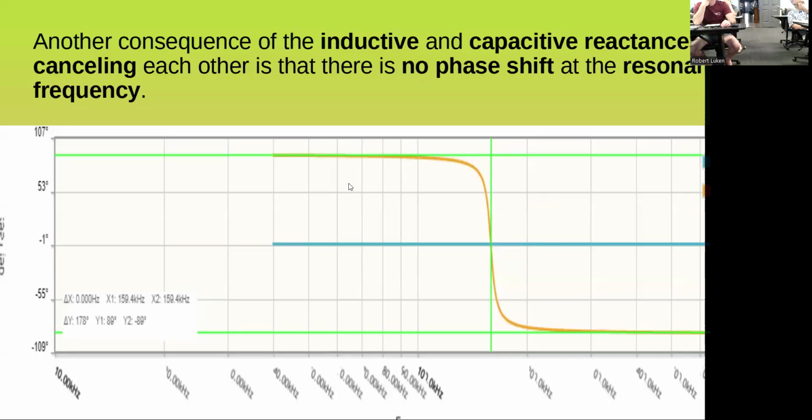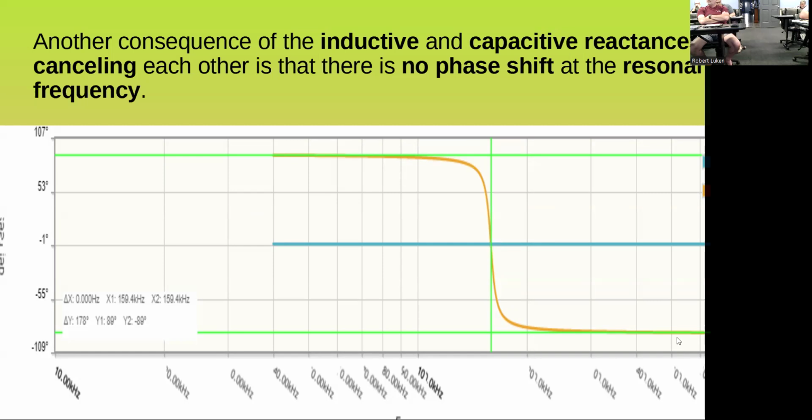And like I mentioned before, you can see the phase shift as you approach resonance. So you've got a 90-degree phase shift, which means it looks inductive. At resonance, you go to zero phase. So it's purely resistive. There's no phase component, so there's no reactive component.